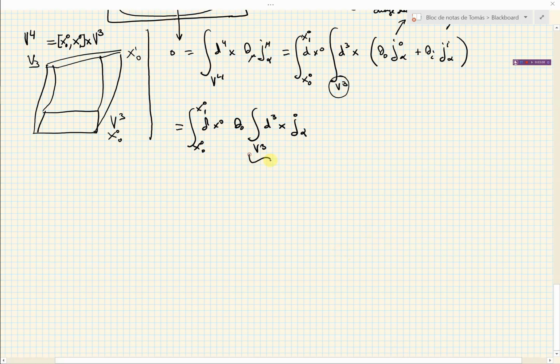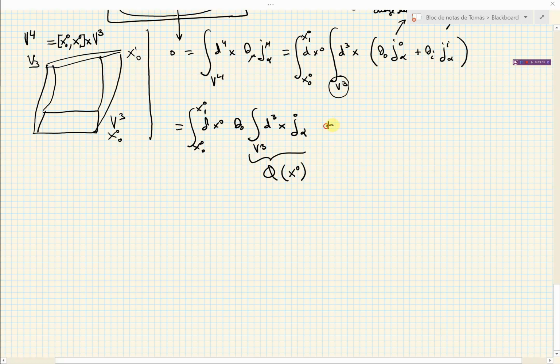This is going to be the charge, by definition, the charge enclosed in the volume V3 at a given time, because this j0 may depend on time. So you get Q at x0.